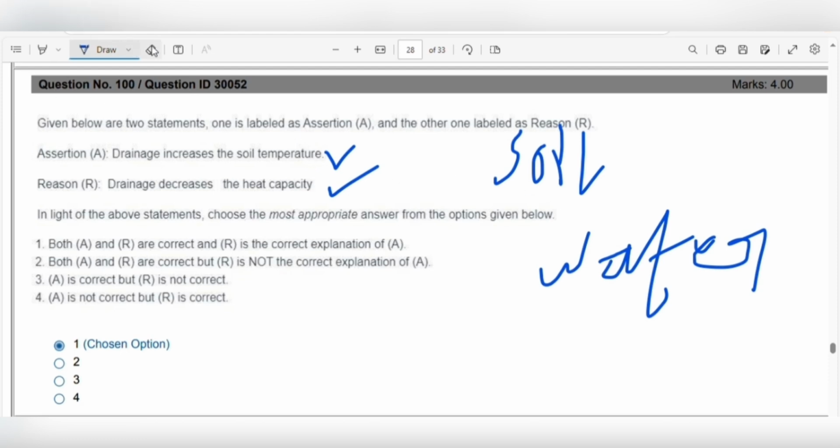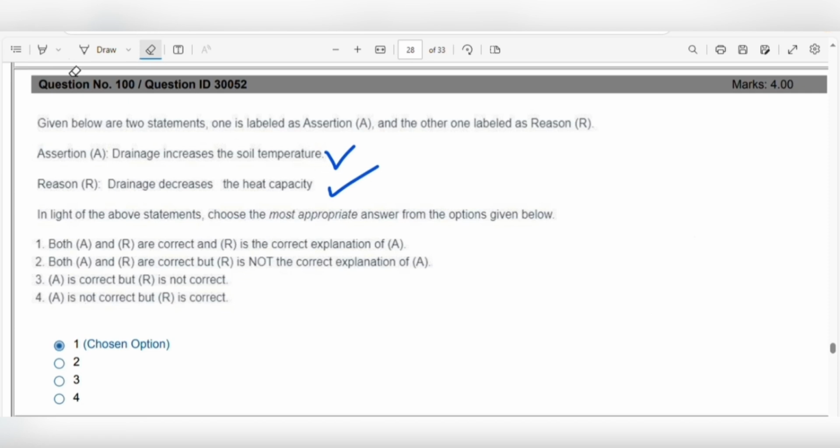So while water is present in the soil, it will naturally have a higher heat capacity, and as a result the soil temperature will be less, because for substances with higher heat capacity you need to supply more heat to raise the temperature. Whereas for substances with low heat capacity, you can supply a lesser amount of heat, and the rise in temperature will be more.